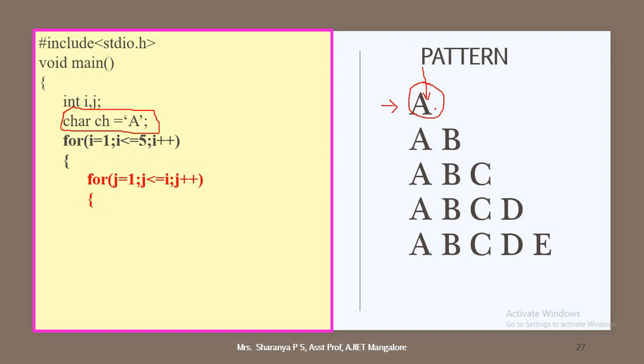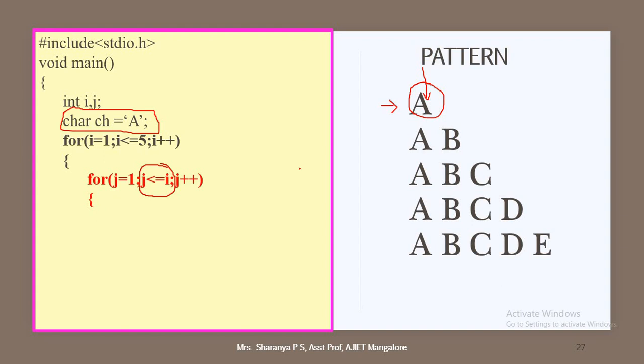As we observe, it is connected to the first for loop, because the first time it will print 1 character in a row, second time 2 characters in a row, then 3, 4, 5. So the condition we can write is j is less than or equal to i.